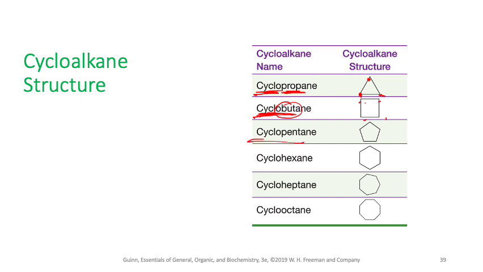Cyclopentane, 5 carbon. Cyclohexane with 6 carbon, cycloheptane with 7, cyclooctane with 8 carbon, all of them in a cyclic closed ring structure. So this is how you make any cyclo compound using a line angle formula, the skeleton line structure.